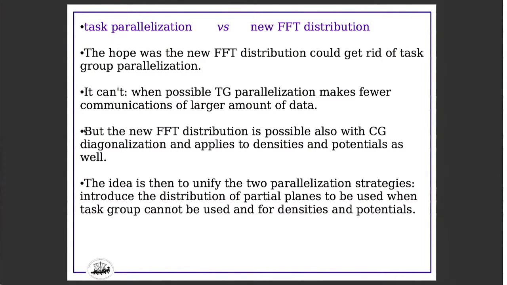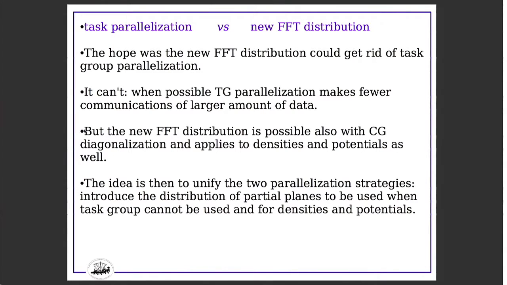So the hope of these things was to get rid of the task group parallelization, because task group is invasive and not very clear what it does, at least not to me, up to recently. And so I hoped to get rid of it.